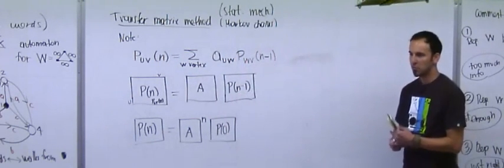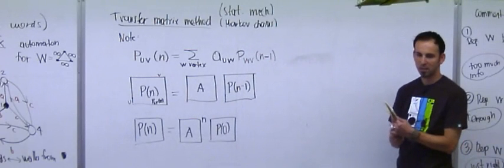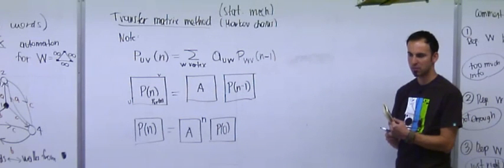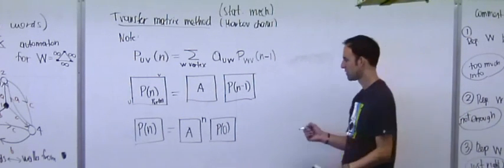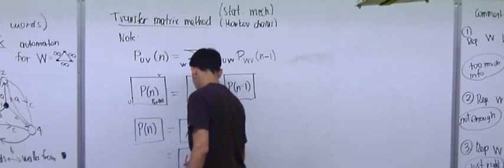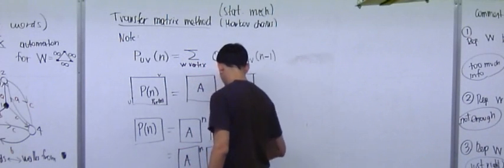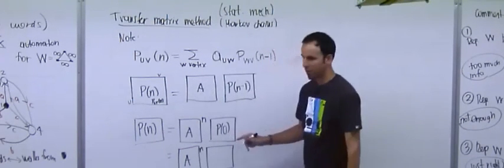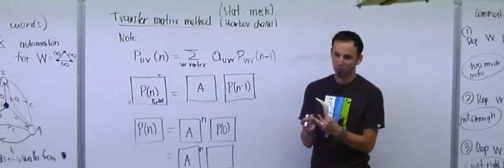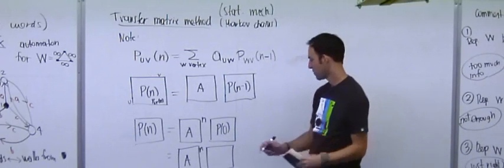Let's think about the matrix P of 0. How many ways are there to get from U to V in 0 steps? Well, if U happens to be equal to V, that means that when you're at U, you're at V in 0 steps. So you can do it.